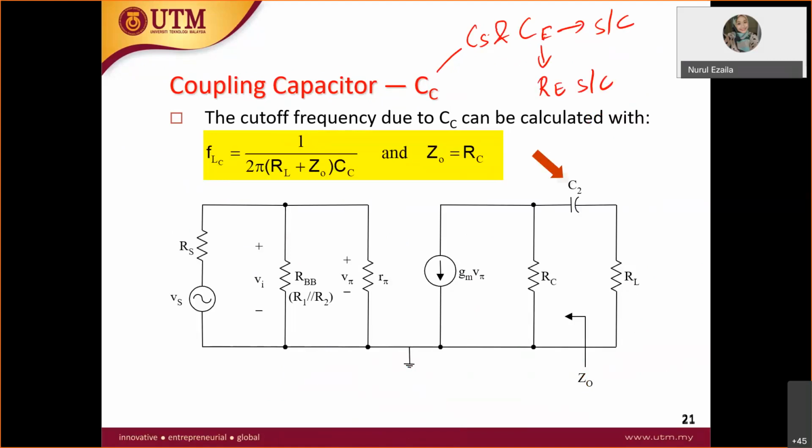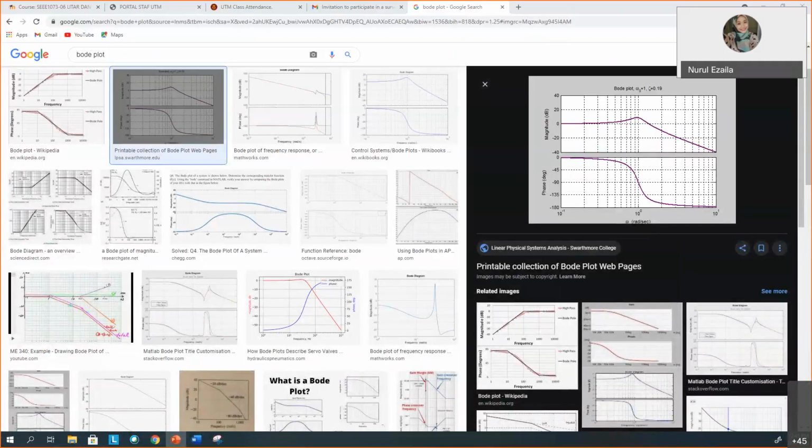You redraw the circuit and just remain with the C2 over here. Now you know that FL is equal to 1 over 2 pi RC. This C is referring to CC, and this R is the R total that you see from this node. I need to make it smaller so that I can draw for all of you.